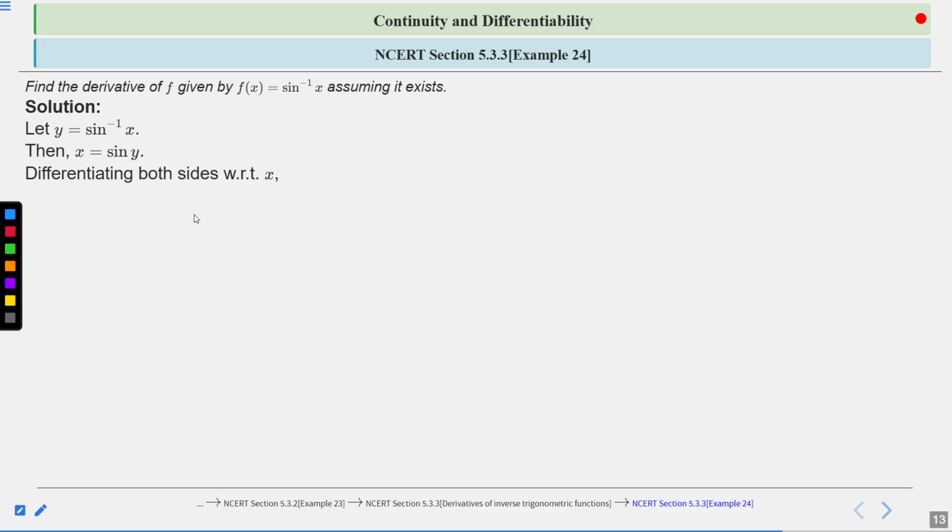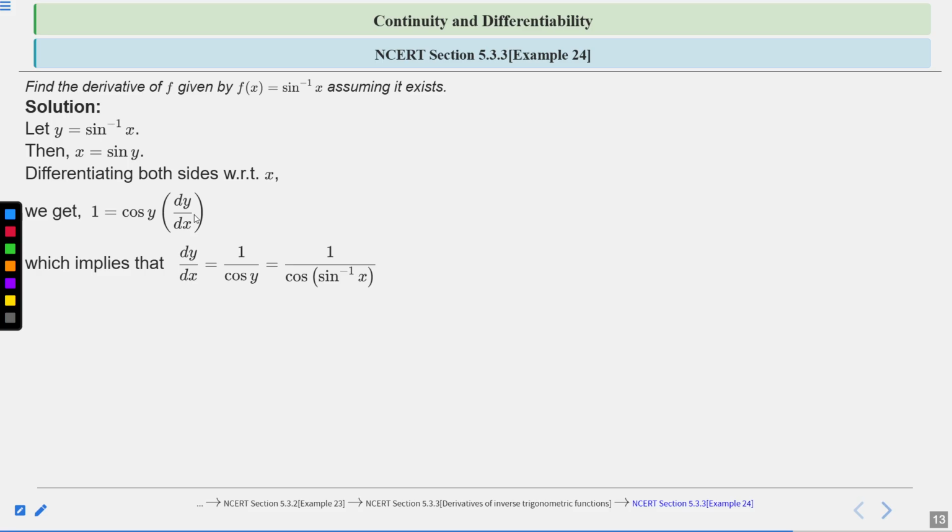Now differentiating both sides with respect to x, we get 1 is equal to cos y dy by dx, which implies that dy by dx is equal to 1 upon cos y, which is equal to 1 upon cos of sine inverse x.